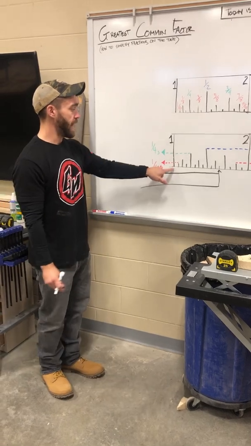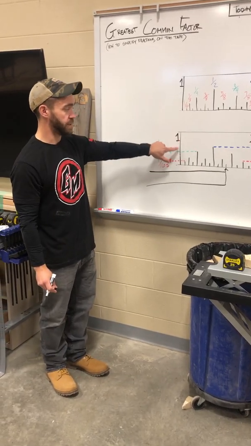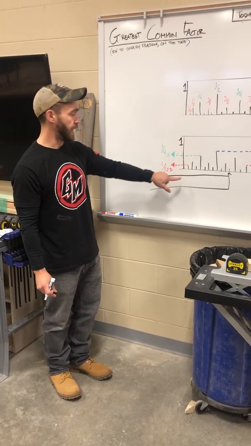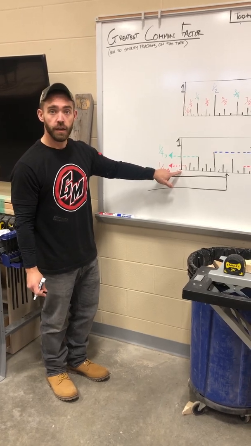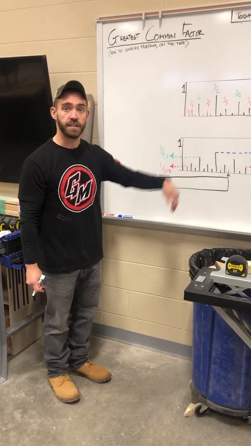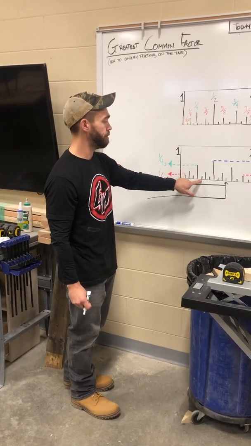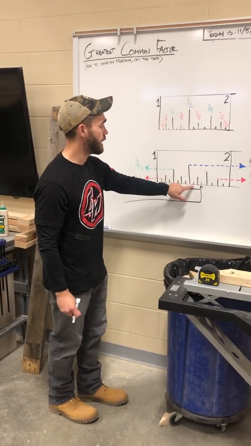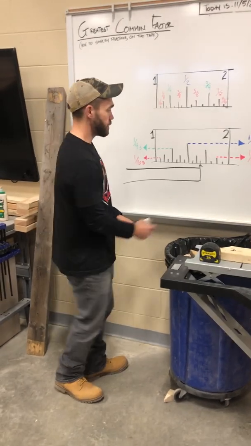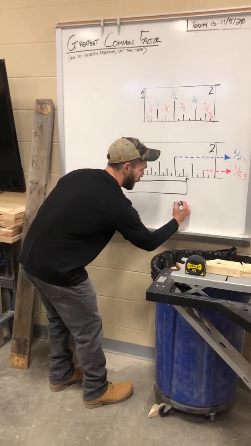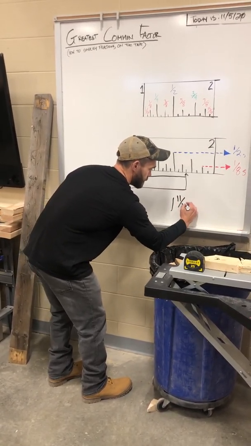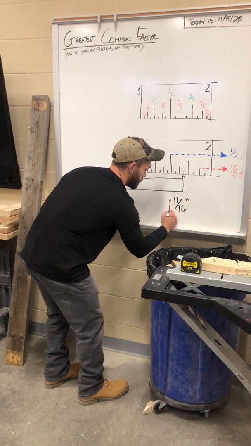So if I come from my 1-inch line, which is this full line all the way through the tape, and I count by ones, that'll give you your measurement over 16. So it's 1 inch and 1, 2, 3, 4, 5, 6, 7, 8, 9, 10, 11. So that written out would look like 1 and 11/16 of an inch.